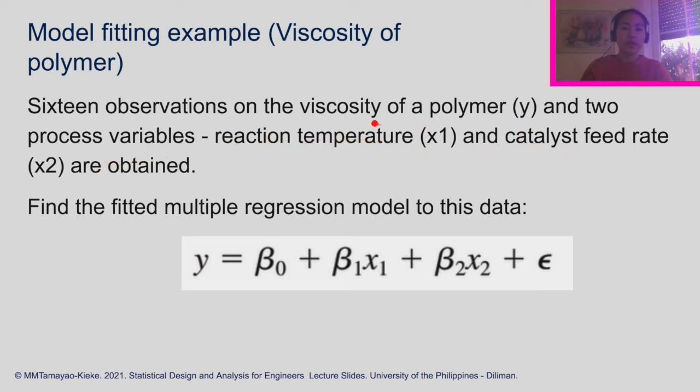So viscosity of a polymer here is the dependent variable Y, and reaction temperature and catalyst feed rate, denoted as x1 and x2, are your independent variables, otherwise known as your regressor variables or predictor variables. Our task here is to find the fitted multiple regression model to the 16 observations.